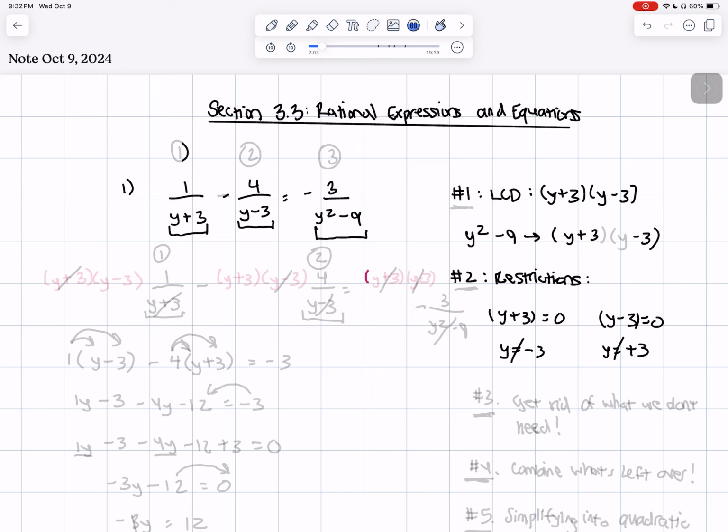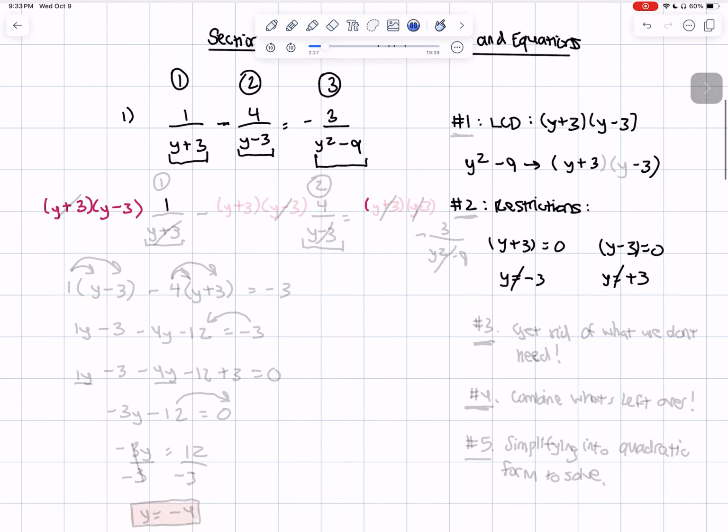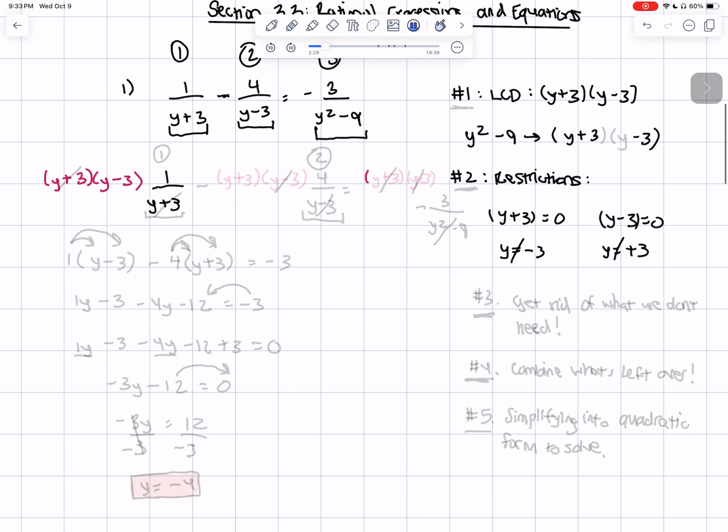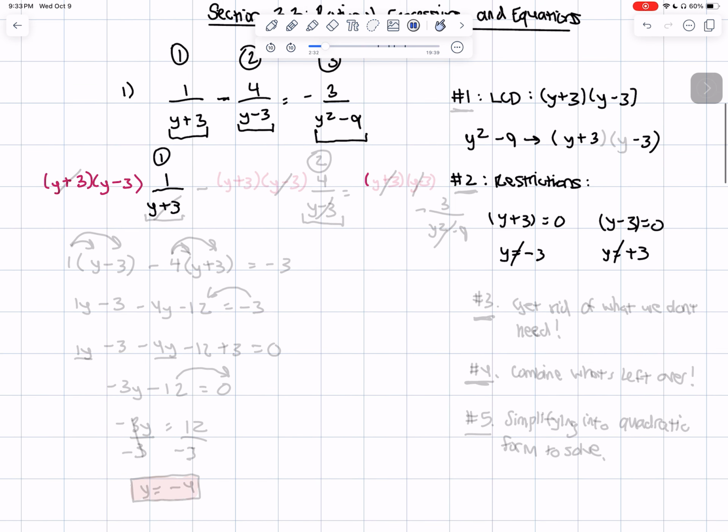Okay, so now what we do is we multiply our LCD by each section that we have here. So this would be 1, 2, and 3. So I'm going to multiply it by all 3 parts. I'm going to write my LCD in a different color. So y plus 3, I'm just writing my LCD right now. Multiply it by the first guy. This is number 1. Do the same thing again.